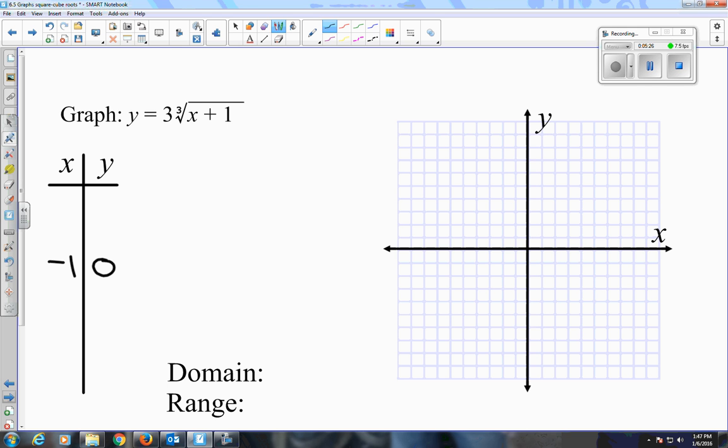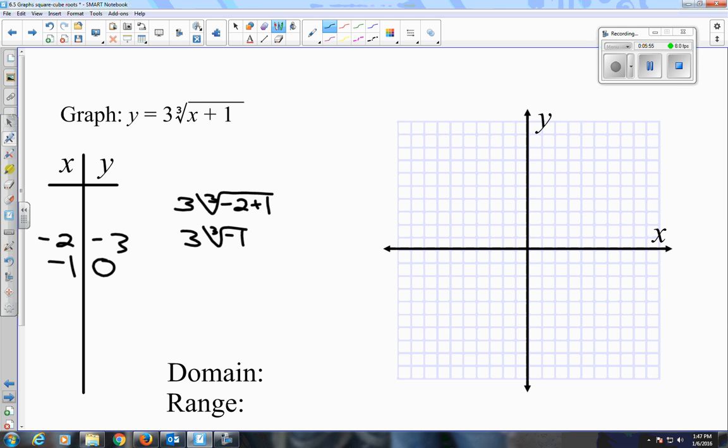Let's pick some values. Here's where it gets a little bit tricky. I want to pick a number for x that gives me negative 1 under the root, because I know negative 1 is a perfect cube. So what value would I choose for x? Negative 2. Then 3 times the cube root of negative 2 plus 1, so 3 times the cube root of negative 1 is going to be negative 3.